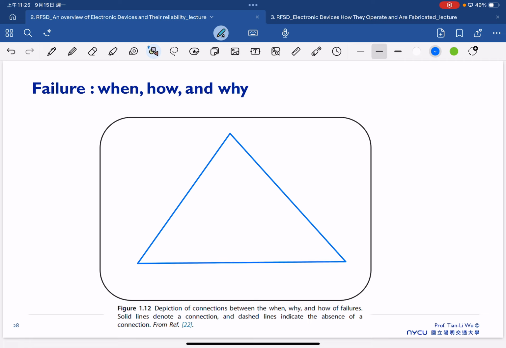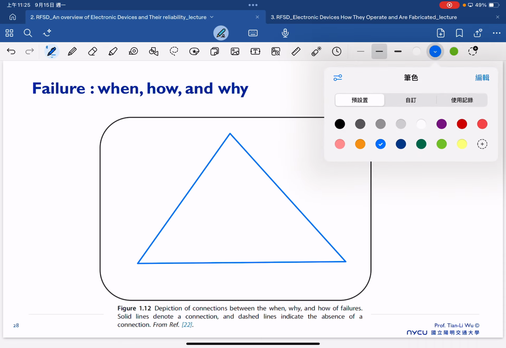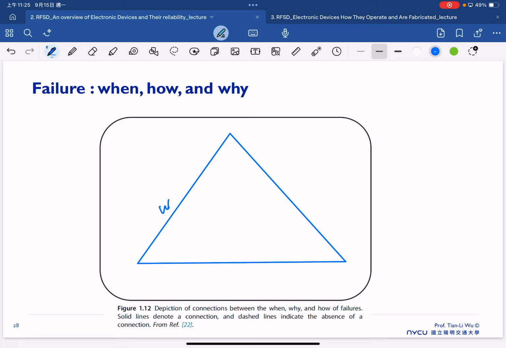We need to always ask why the failure happens, and when, because when is related to the time and the condition, and in the end how, what would be the mechanism inside. So these are the three important factors.